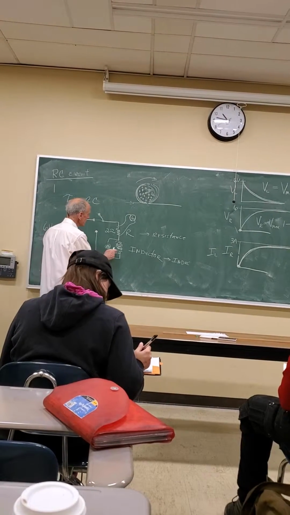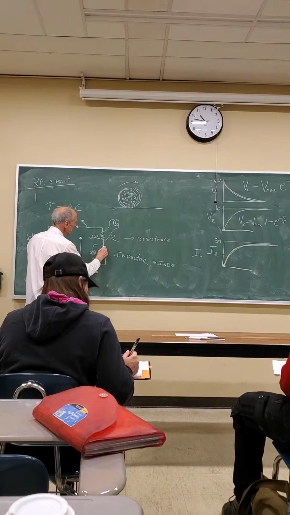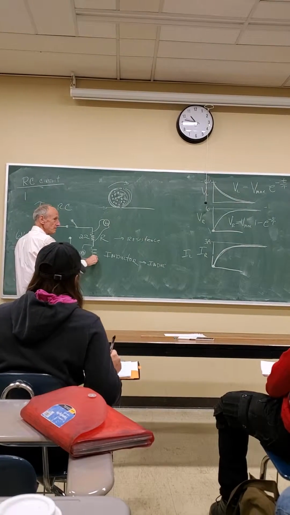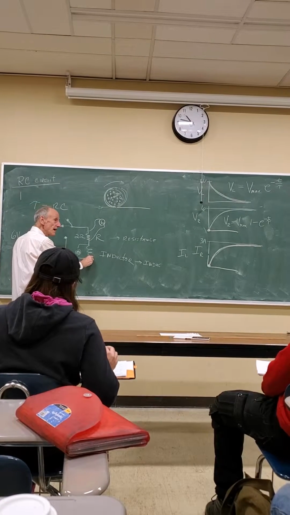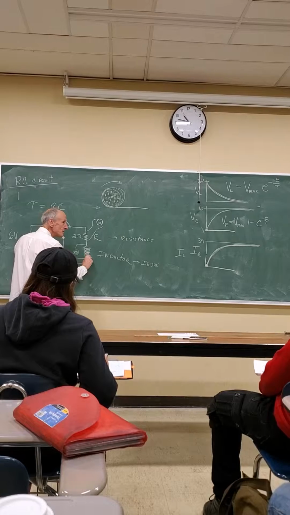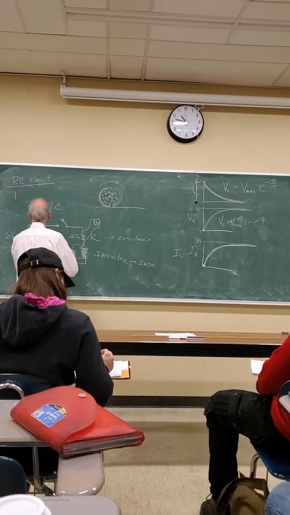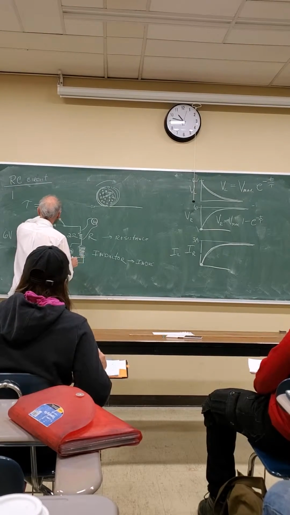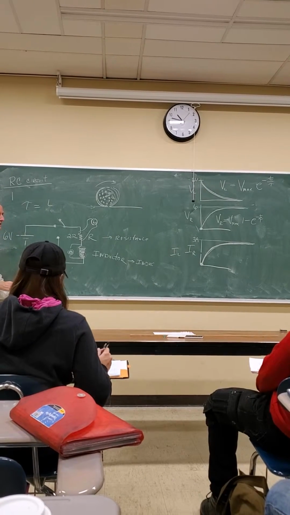If we take a coil that doesn't have many windings, it would seem like it would have less effect than a coil with a lot of windings. So we might guess that the time constant will increase as we increase the inductance.